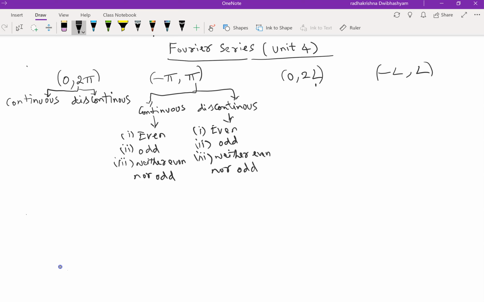Now in the interval 0 to 2L, continuous and discontinuous.